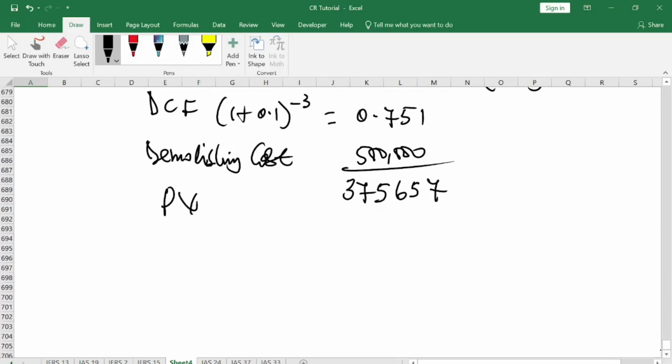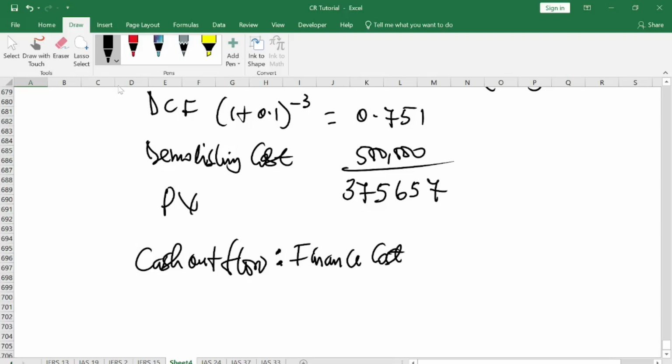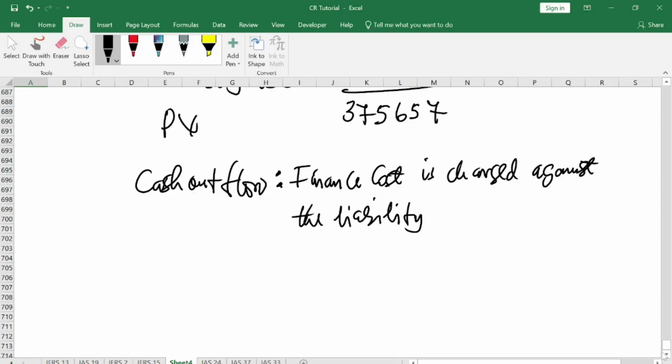All right. So once you are done, when there is a cash outflow against a company, finance cost is charged against that liability. So the present value of the demolition cost is 375,657. Then we need to charge what we call the unwound discount, or the unwinding.